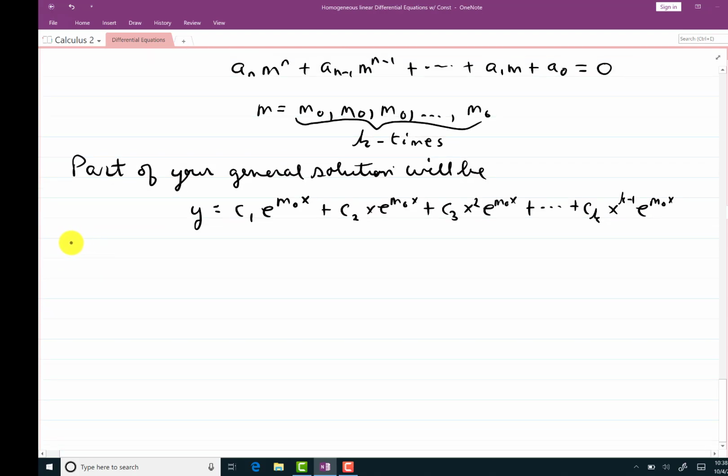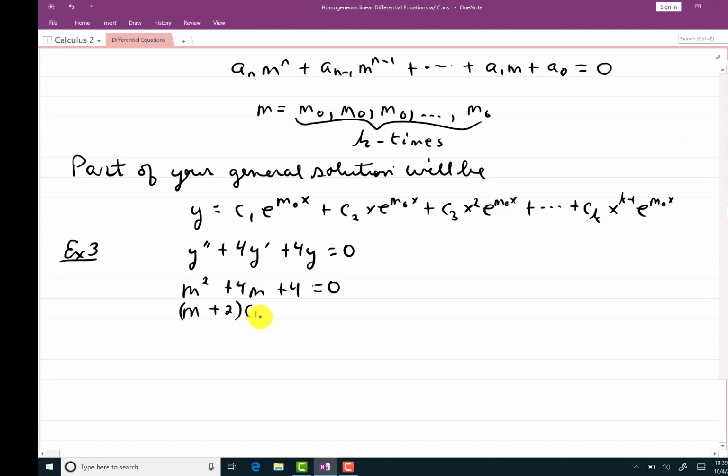So as an example, if I have the equation y double prime plus 4y prime plus 4y equals 0, I can immediately go to the auxiliary equation, and this thing factors as m plus 2 times m plus 2 equals 0.